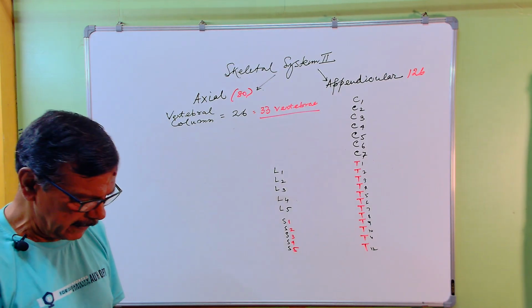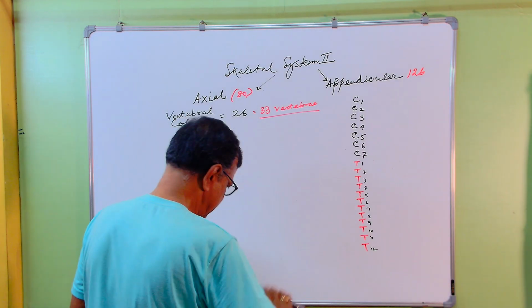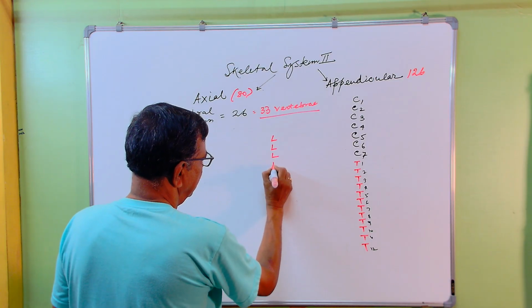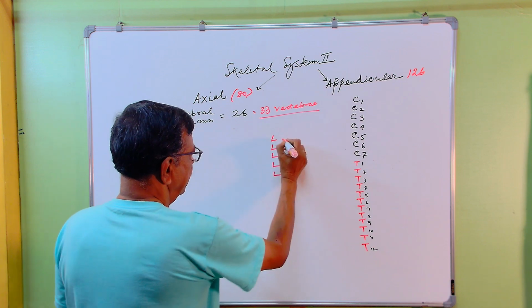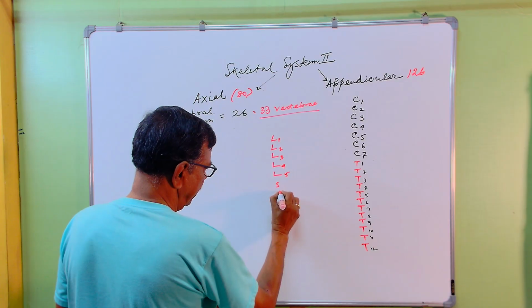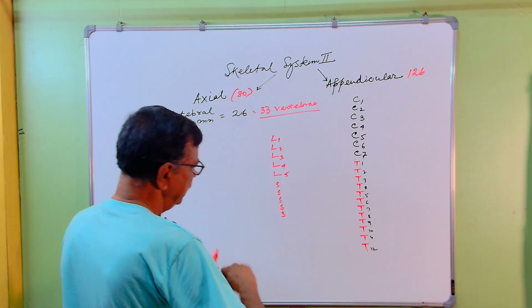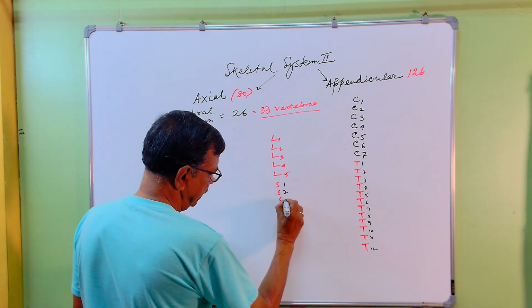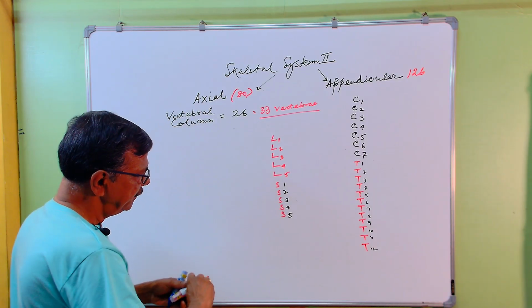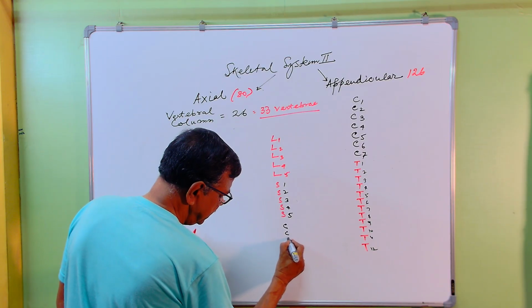Five sacral vertebrae. Thereafter it comes coccygeal, that is the tail region.